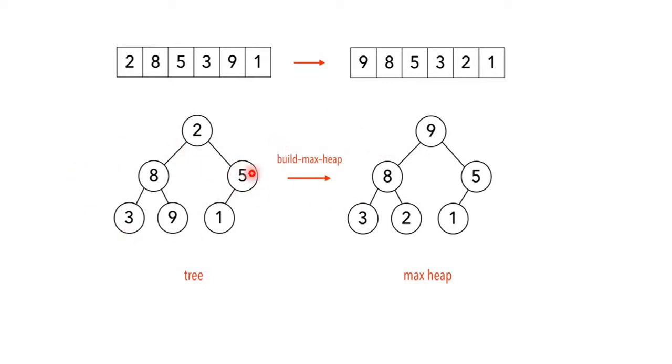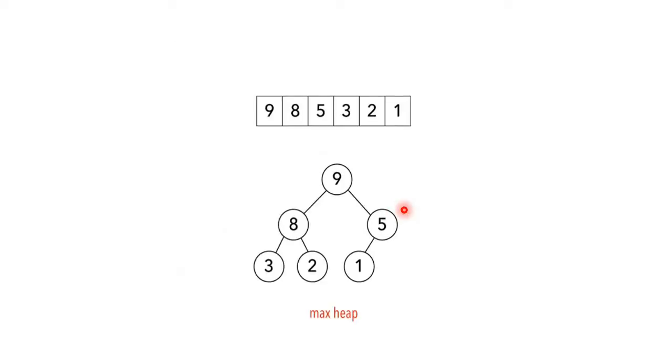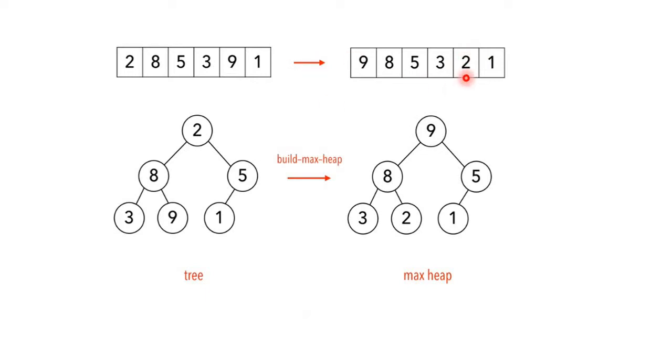Then we called the build max heap function, which found the largest number. It is 9. 9 is placed on the top as the parent node and 2 is written where 9 was. So simply you can see that we have a max heap now. We did the same in the array too: we swapped 9 and 2.